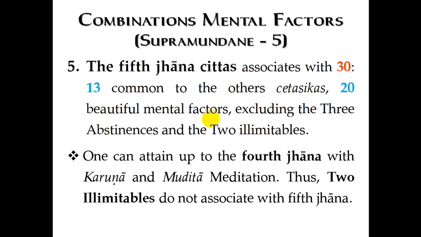But when we learn about supramundane jhana, supramundane chetas, we also have to exclude 2 elementaries. The reason is that supramundane cheta takes nibbana as its object, but the 2 elementaries take sentient beings as their object.